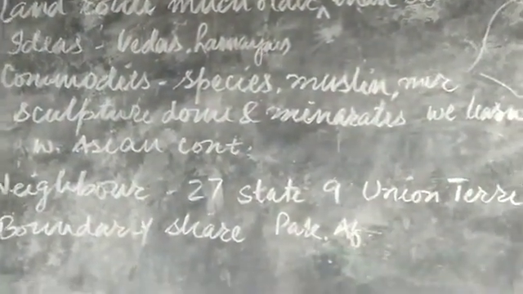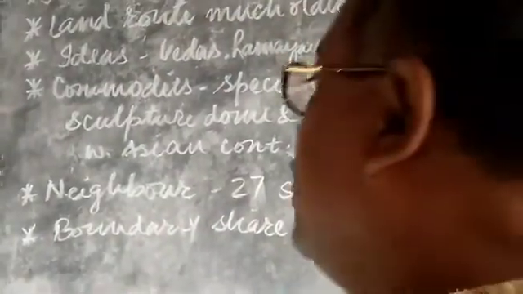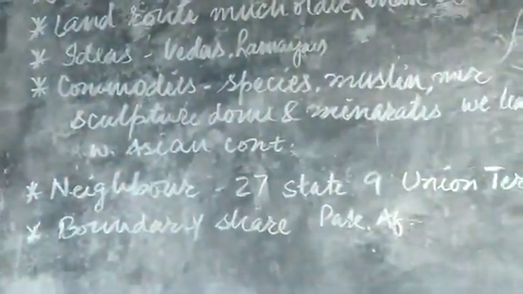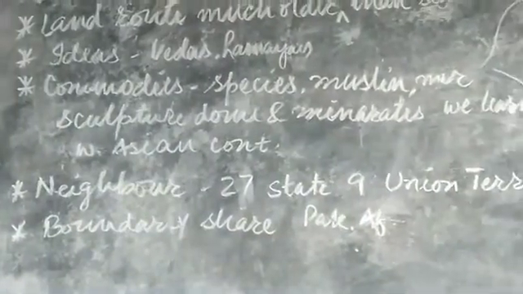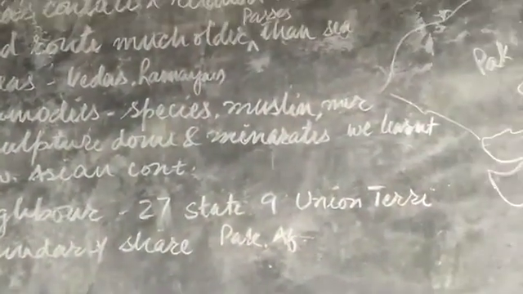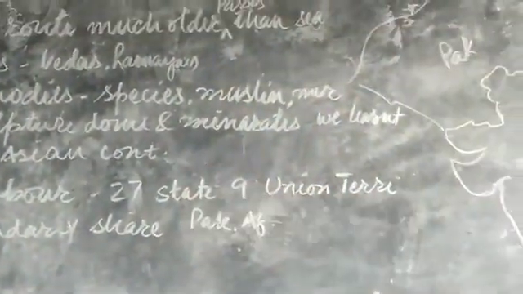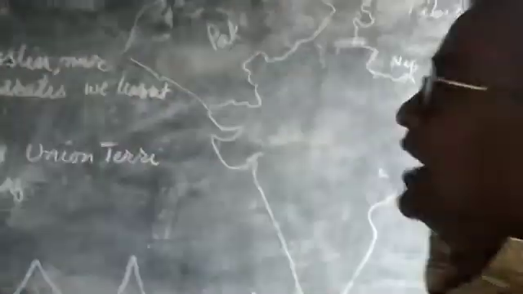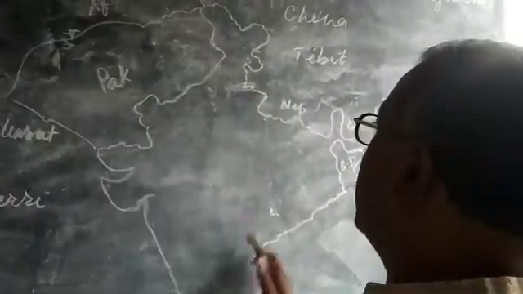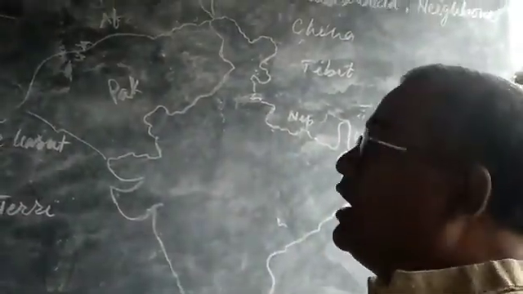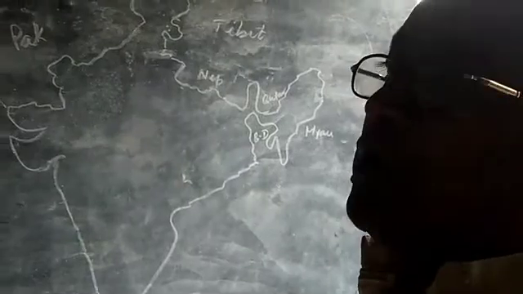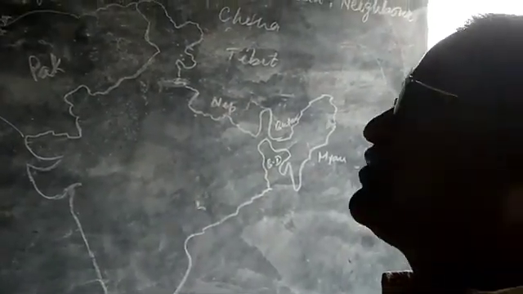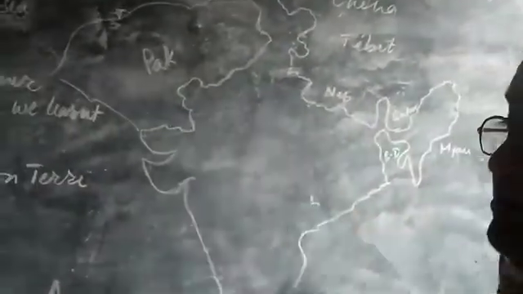These structures are generally found in Western Asian countries, but this type of sculpture style is found in our country also. It shows that we learned these arts from Western Asian countries like Iran, Iraq and many others. So this location and situation provided more facilities and benefits to India.